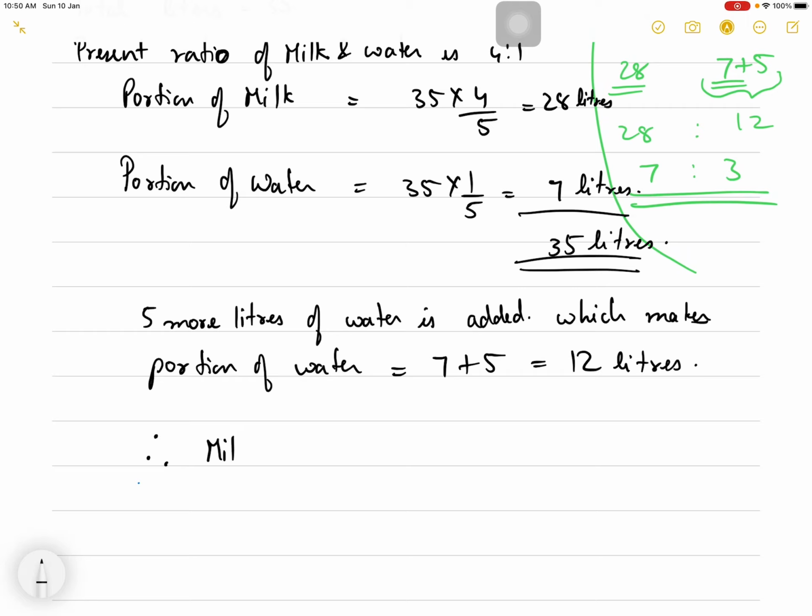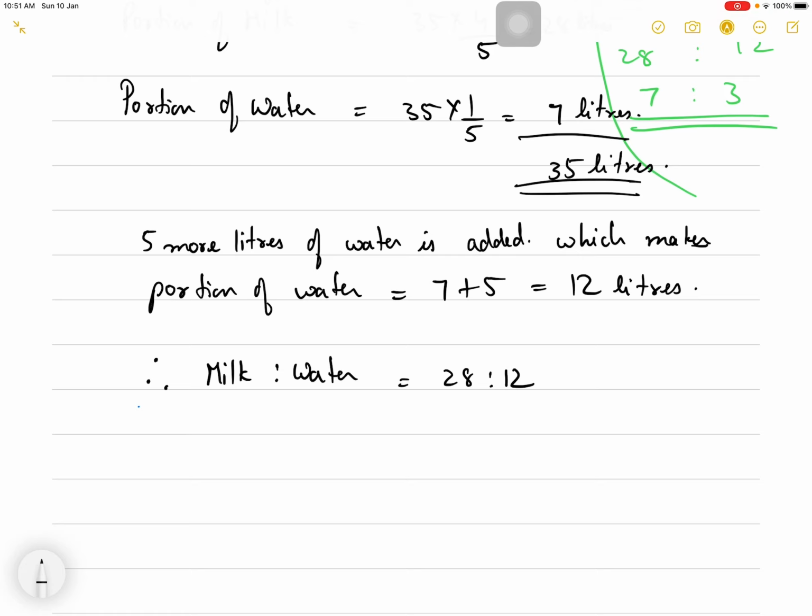Therefore, milk is to water is equal to 28:12, which is equal to 7:3.